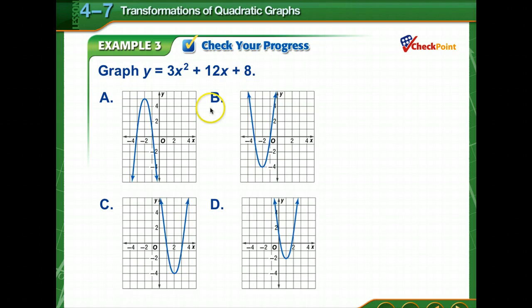So we know our vertex is at (-2, -4). The axis of symmetry is x equals -2. A is 3. So the parent function y is equal to x squared. So it must be B.